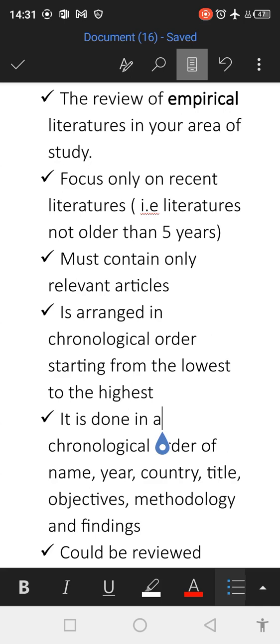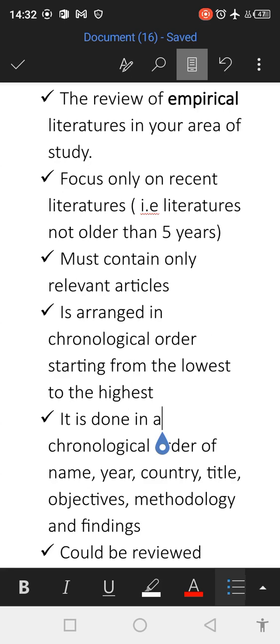So the empirical studies you are going to review under your empirical review must not be older than 5 years. What do I mean by this? You have to count from 2023 downward, and it must not be older than 5 years.